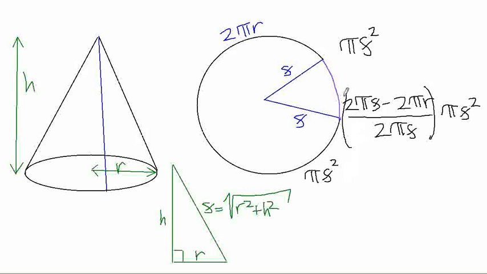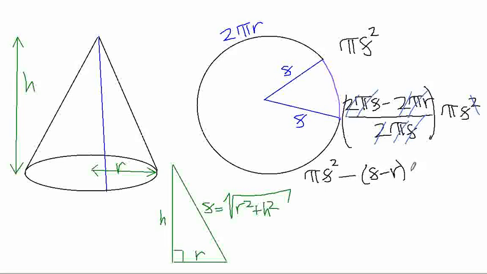Pi s squared, and let me do some simplification here. So the pi's cancel, the 2's cancel, and I can also take the s and divide it by one of the s's in the s squared, so now I don't have a fraction anymore. So I've got now pi s squared minus what's left of that expression where I did the cancellation.